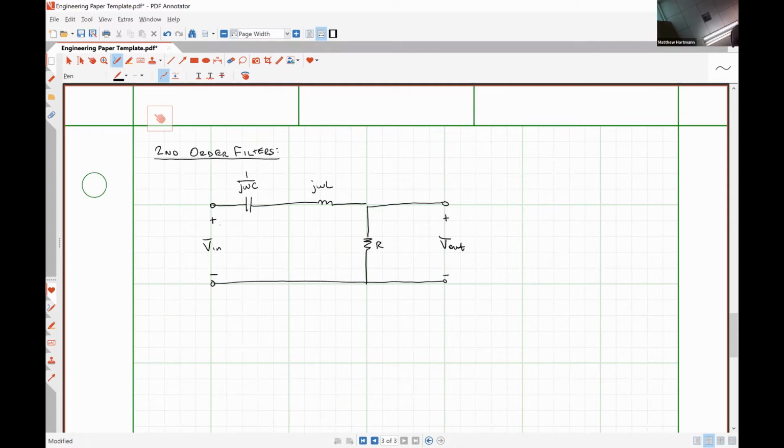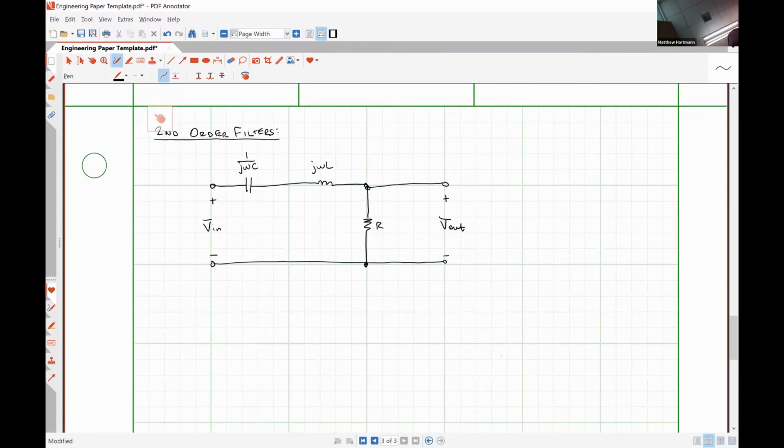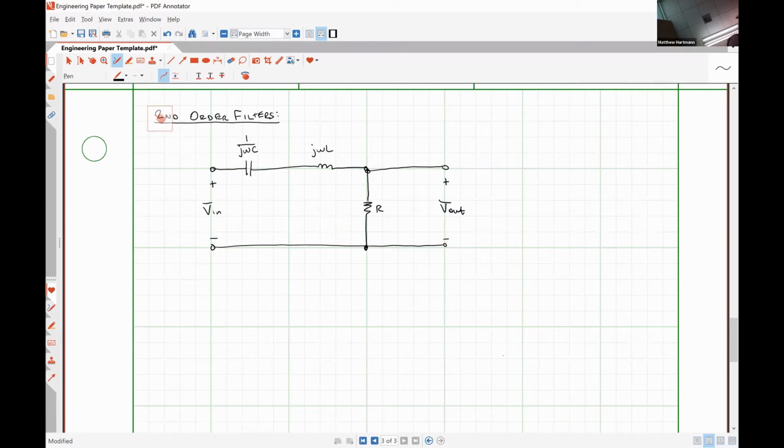And we can effectively do the transfer function, at least a first order approximation of it, by inspection, right? We know it's going to be V out divided by V in, and we can use voltage division again, just like before.